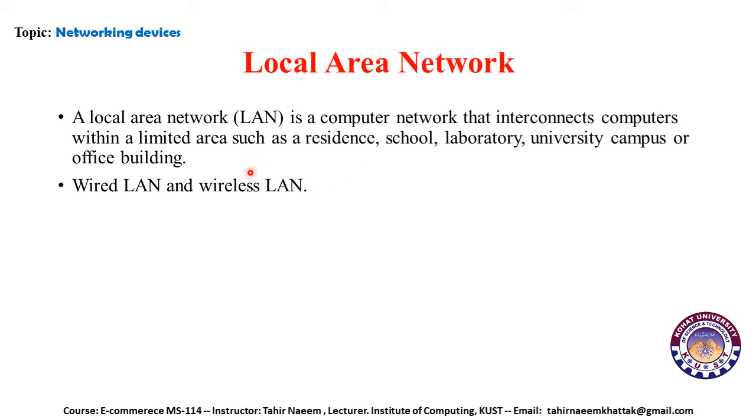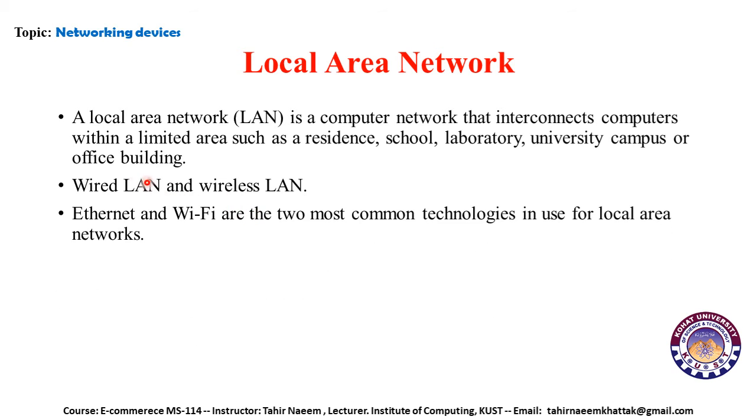There are two types of LANs. We can classify LANs into wired LAN and wireless LAN. Ethernet is the basic type of wired LAN, while Wi-Fi is a typical example of wireless LAN, and these are the two common LAN technologies.